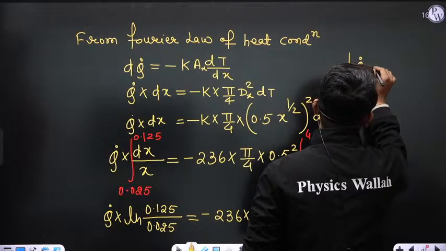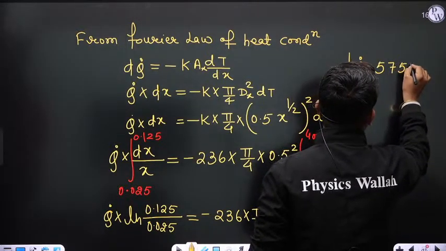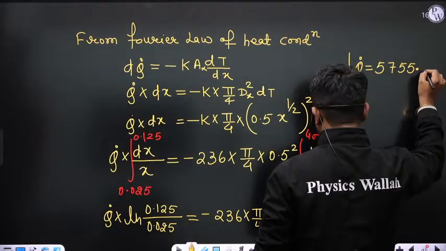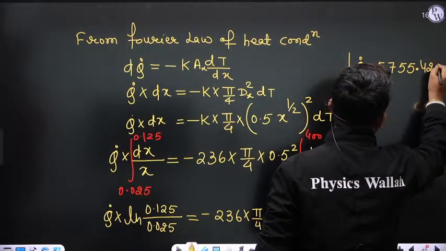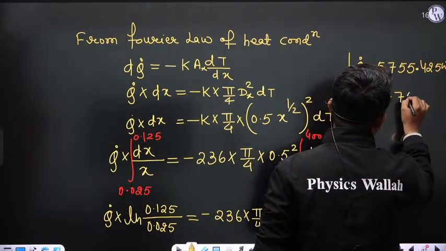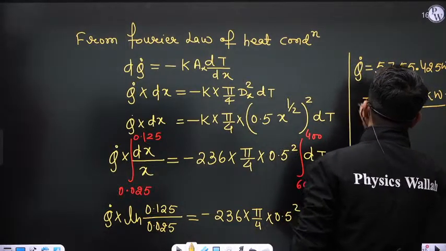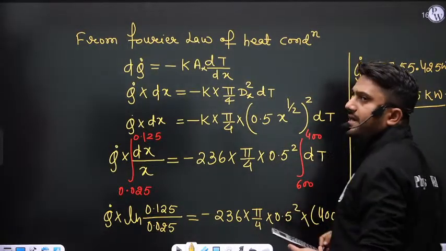Please check the calculation. Now the Q dot is equal to 5755.425 watt. So in kilowatt it is 5.755 kilowatt. This is the Q dot.